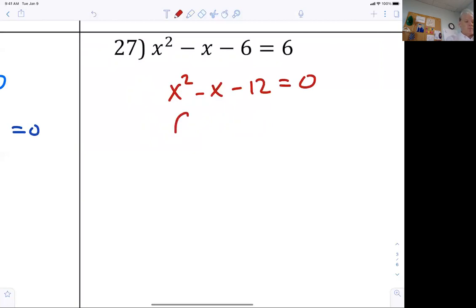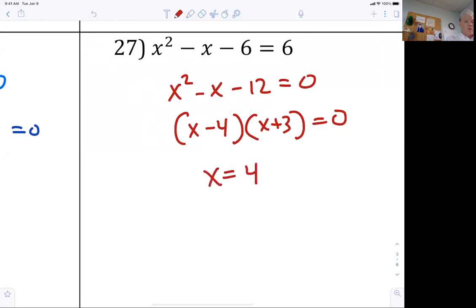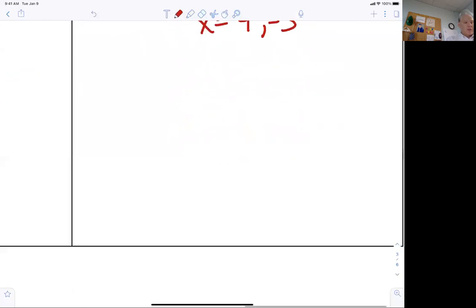And now what? Everybody should be able to rattle that off. x minus 4, x plus 3. So x is equal to 4 or negative 3. Anybody have any issues? All right, let's find something else now.